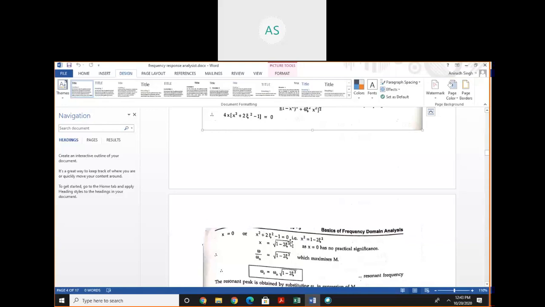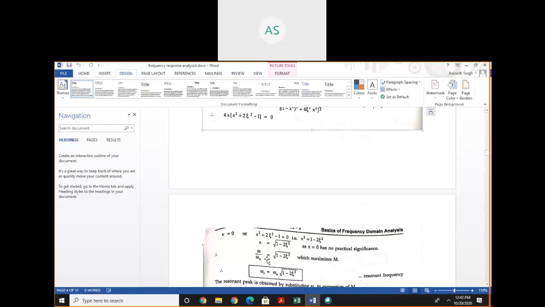So from this expression we get x is equal to 0 or x square plus 2 zeta square minus 1 is equal to 0. So x square is equal to 1 minus 2 zeta square, or the value of x is equal to under root 1 minus 2 zeta square, as x is equal to 0 has no practical significance.